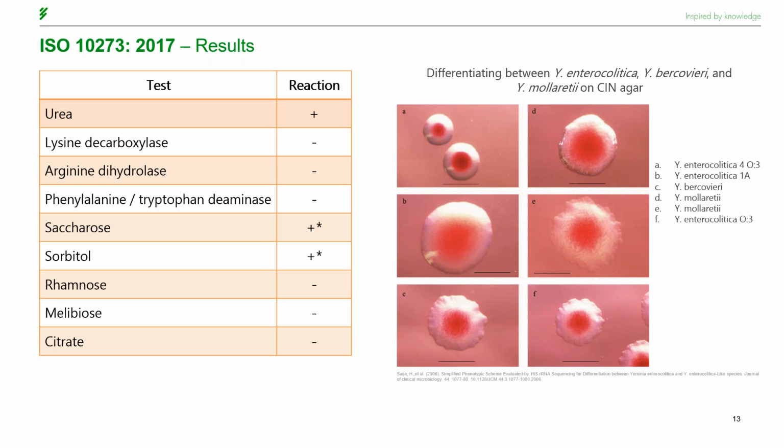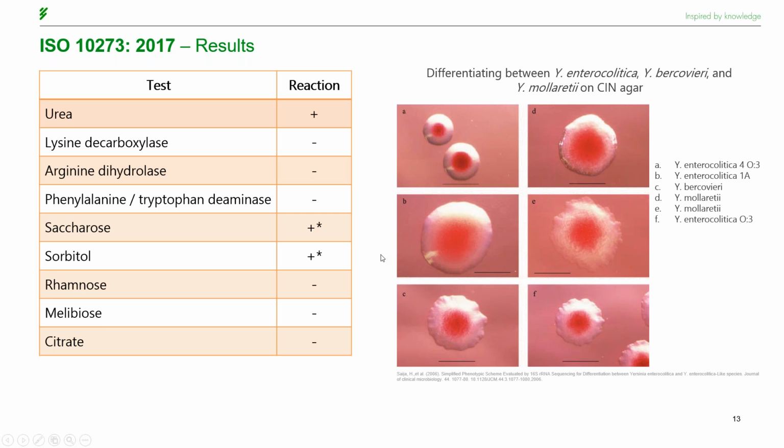To picture how we would observe strains of Yersinia in CIN agar, here we have an image where we have different species of Yersinia. A, B, and F are Yersinia enterocolitica, but in all of them we can see the bullseye thanks to the fermentation of mannitol in the presence of neutral red, that is this red center with the well-defined edge, and then this outer edge being transparent and the appearance overall being, well, glassy.